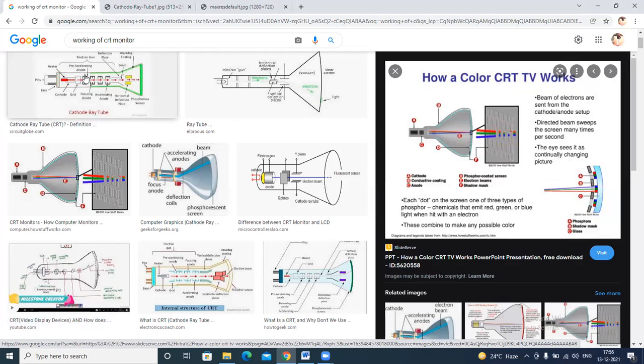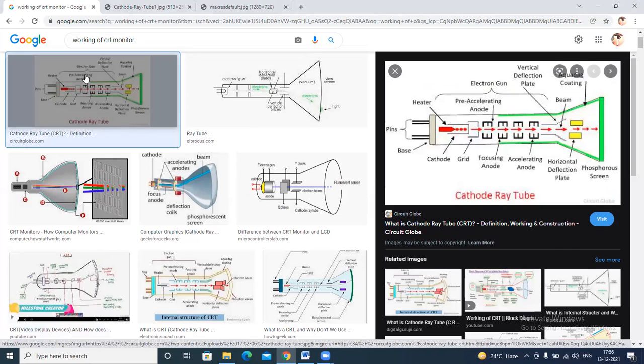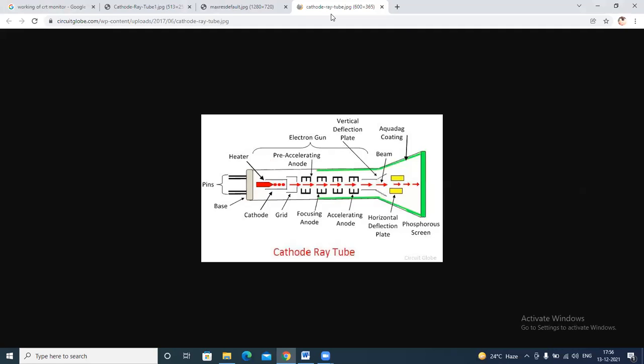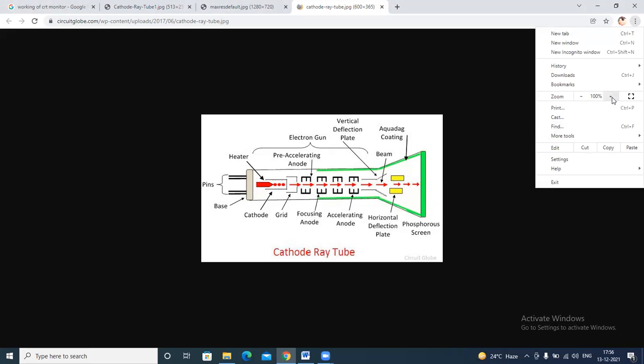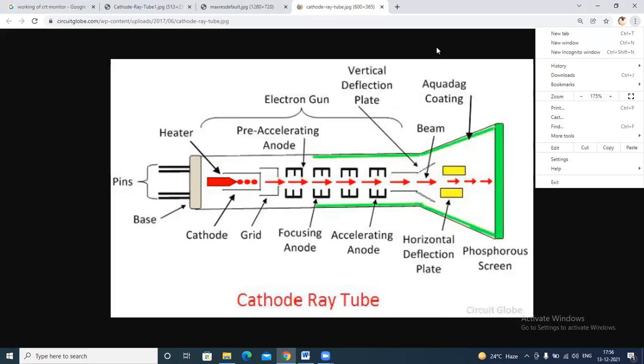This one will show it a little better. This one you can see clearly.